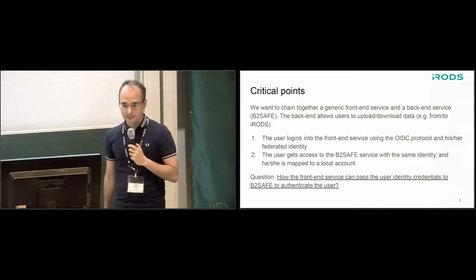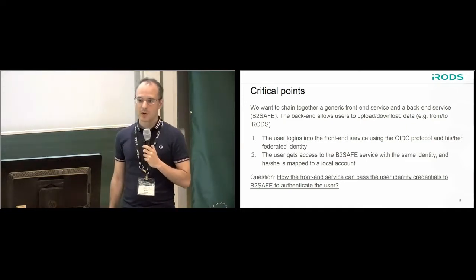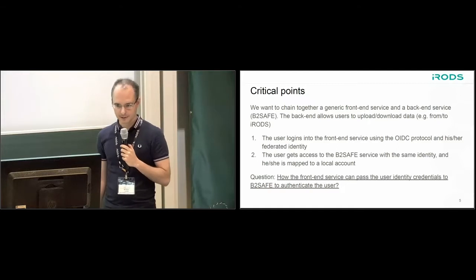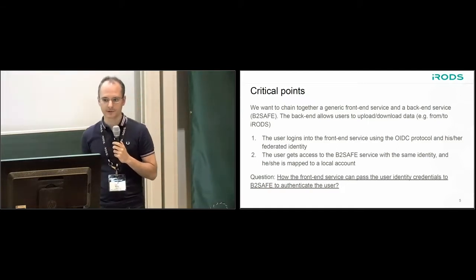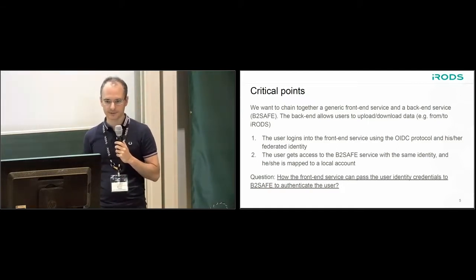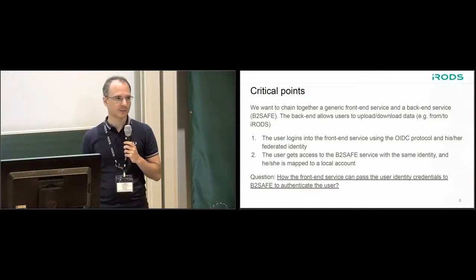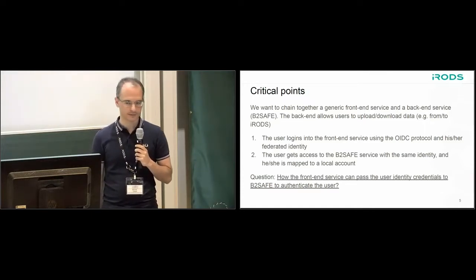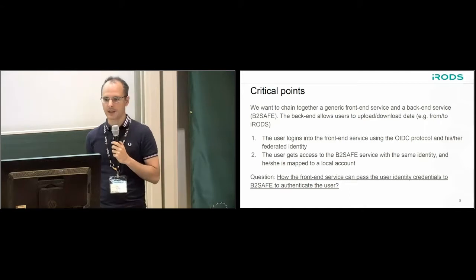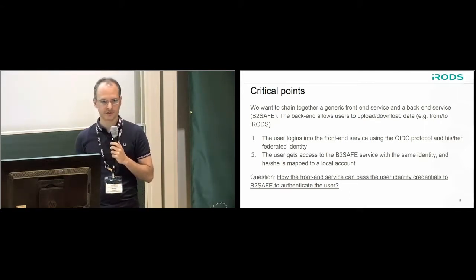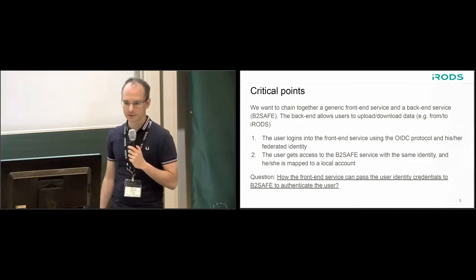Critical points: how we could, in general, chain together a front-end service and a back-end service. In this case, we are talking about the B2Safe in particular, the other service called B2Safe. The B2Safe is needed for the user to upload and download the data.